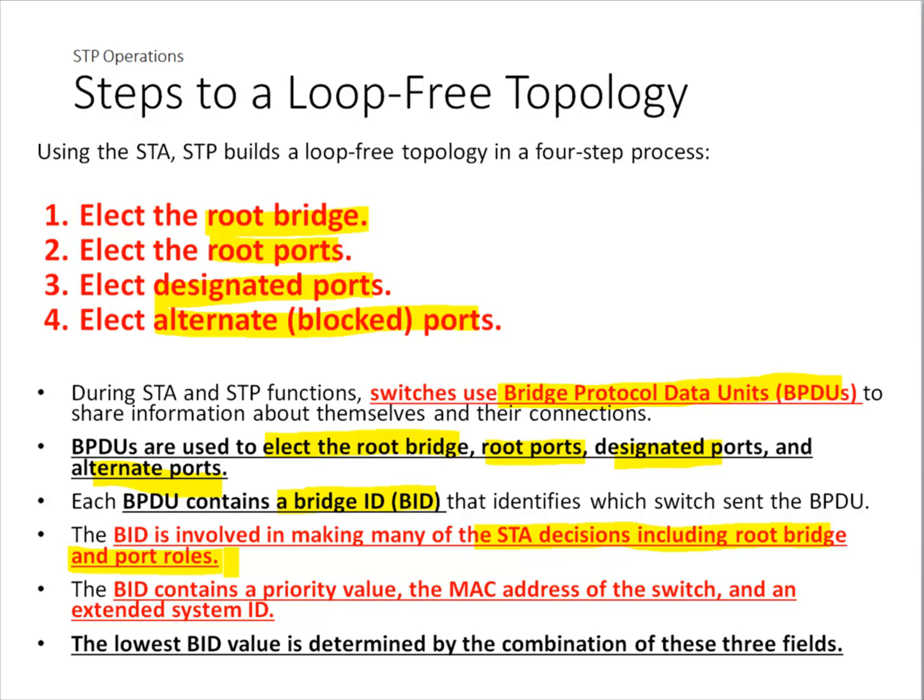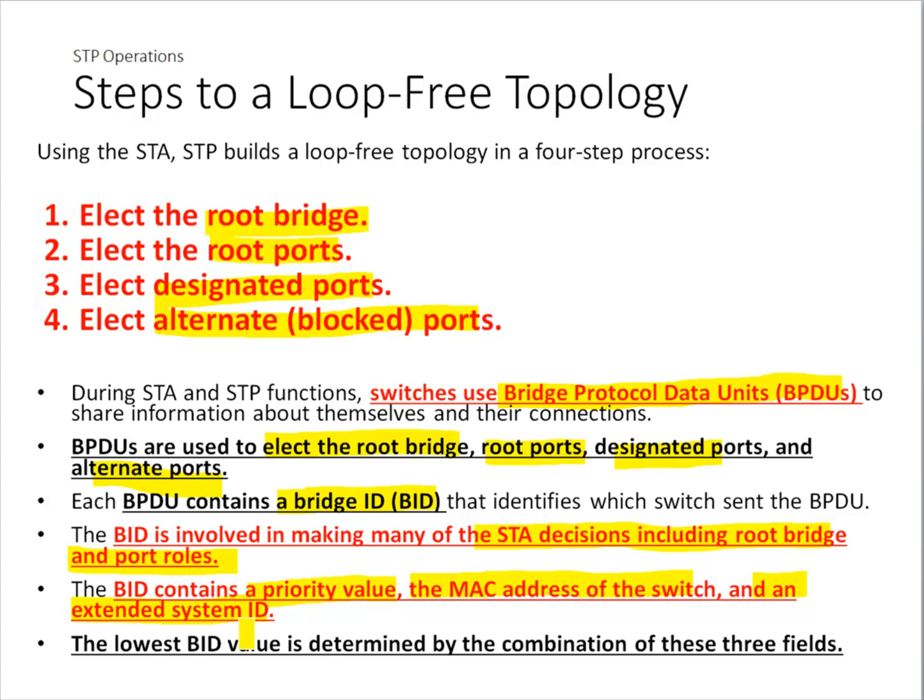It contains many things. The first is a priority value, the MAC address of the switch and the extended system ID. So there are 3 things merged together. We are going to see in the next slide what a priority value is, and we are going to discuss the MAC address. All these things are combined together, and that is going to be the bridge ID.